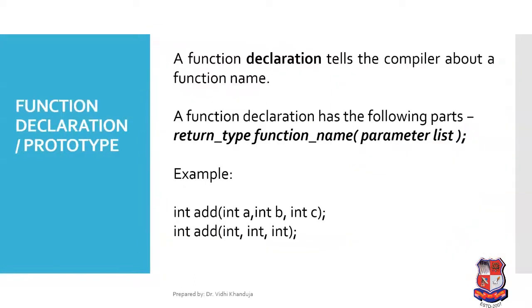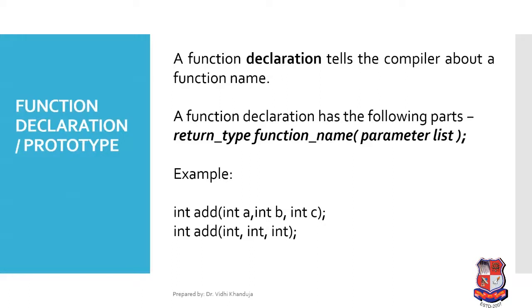Now, the last element of user-defined function is function declaration or function prototype. Function declaration tells the compiler about a function name. In the examples we have seen earlier, I have written the function definition before main, so there is no need to include a function declaration.